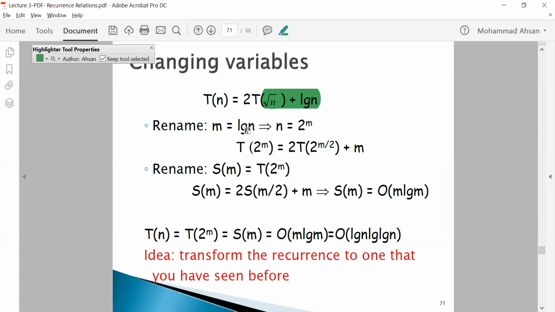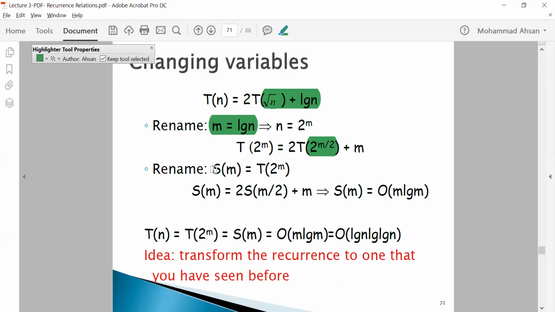So we say if log n is m, then what is n? N is 2 to the power m. The same substitution we were making earlier, n is equal to 2 to the power k. We're doing the other way around. So your root of n will become 2 to the power m by 2 based on this renaming. Now, again, we do a rename because 2 to the power m by 2 summation in powers of 2 will be difficult.